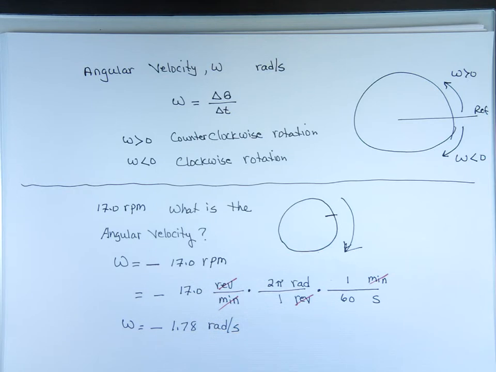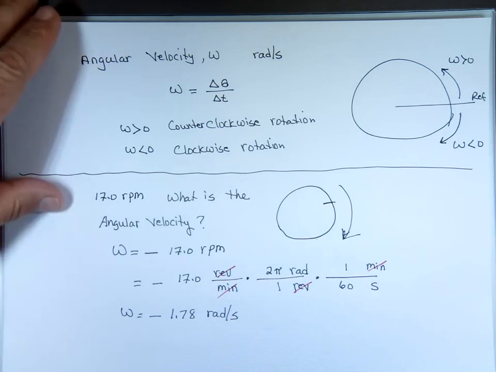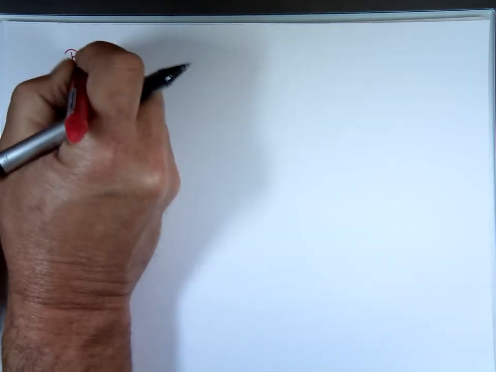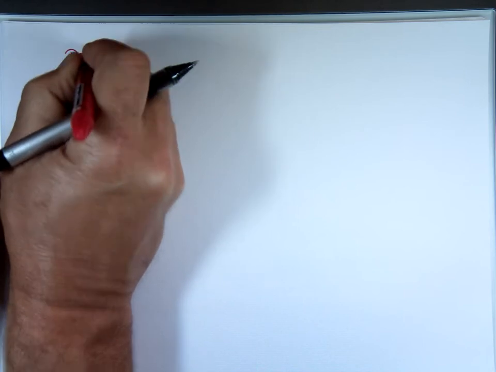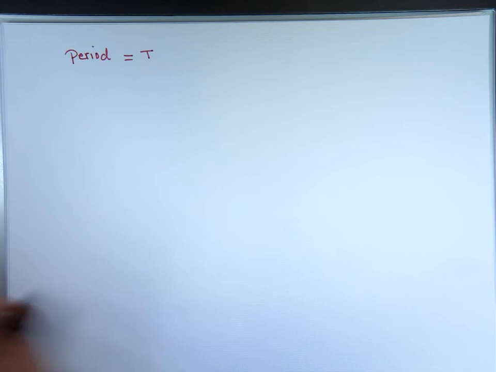Every once in a while, you might hear the word period in math. It's always given the capital letter T, and it means how long it takes to complete one full turn, one full revolution.